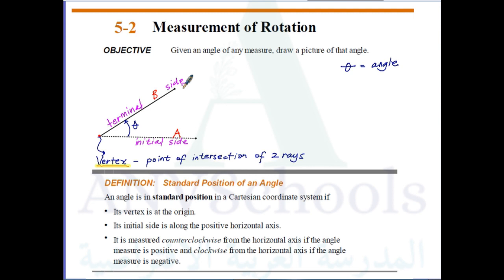So in other words, you call the initial side the initial position, and this is the terminal position. So this is the angle theta that you see in between those two rays. And this is a rotating ray.